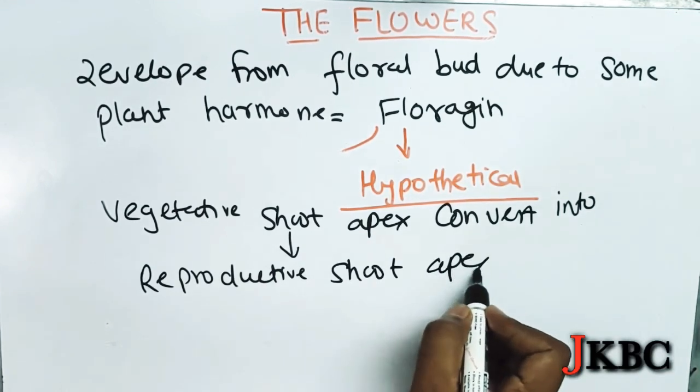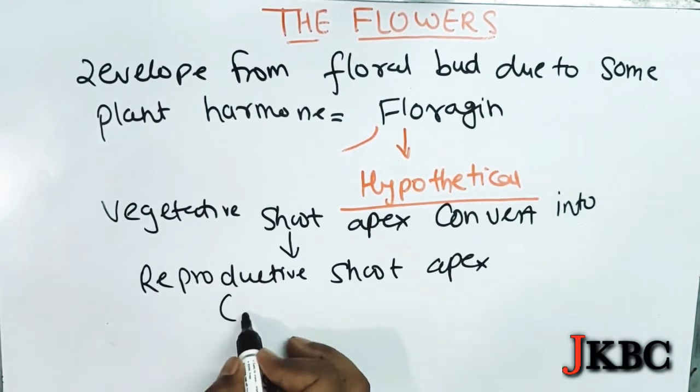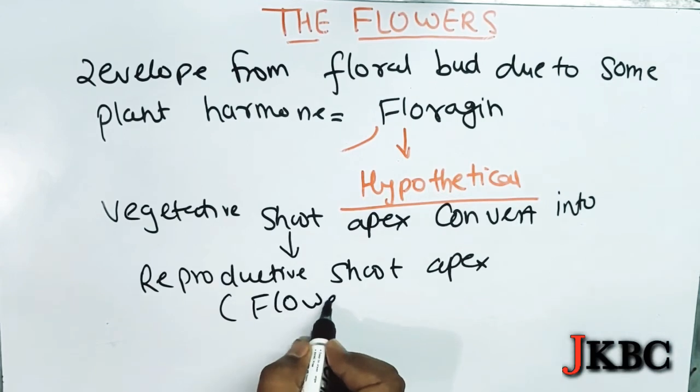The reproductive shoot apex means that it will be changed into a flower.